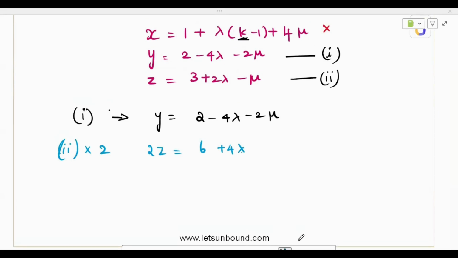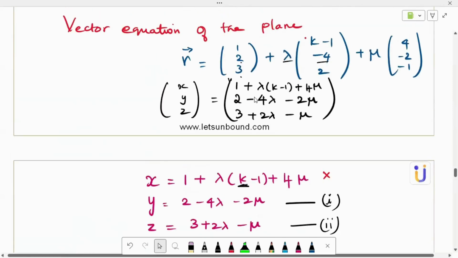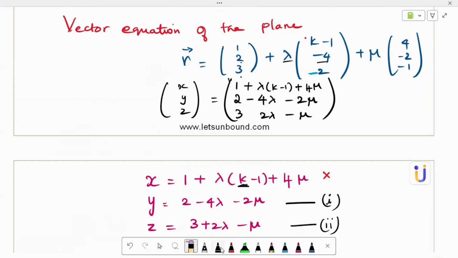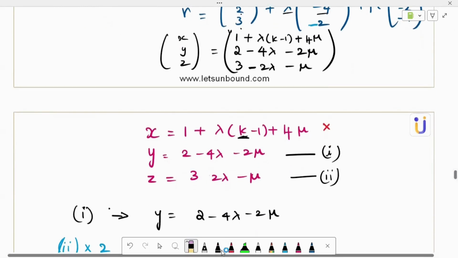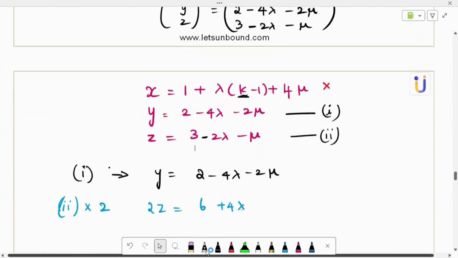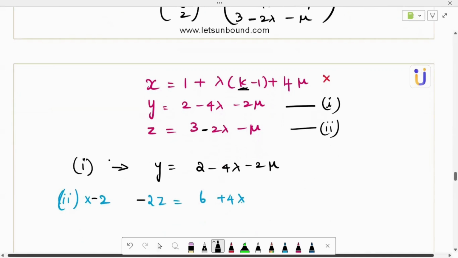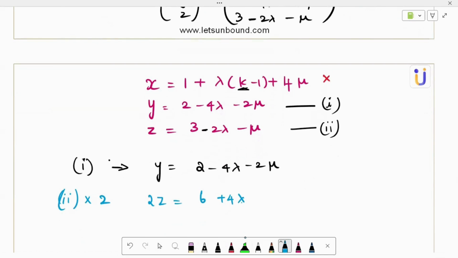Wait a second. So here there is 3, and this is minus 2, so please note it. It is 3 plus 2 lambda minus mu. Okay, let me multiply by plus 2 first. So I will get 2z, and that gives 6 plus 4 lambda minus 2 mu.